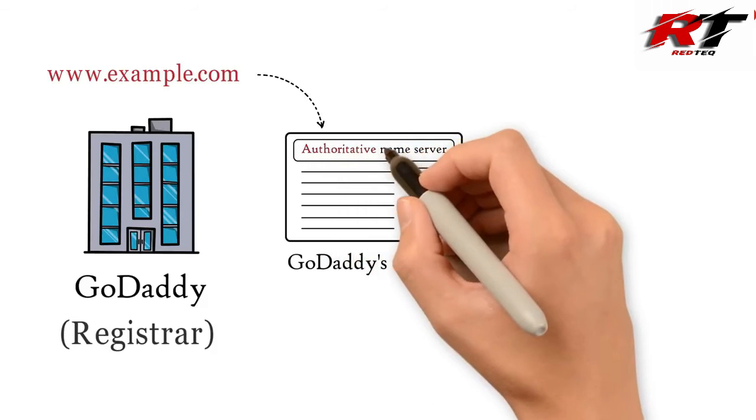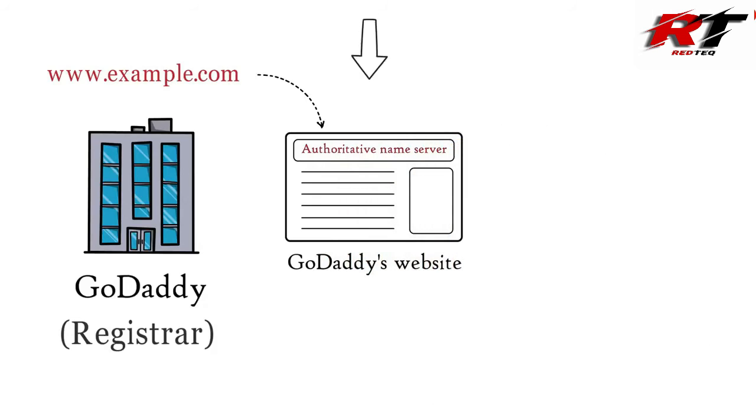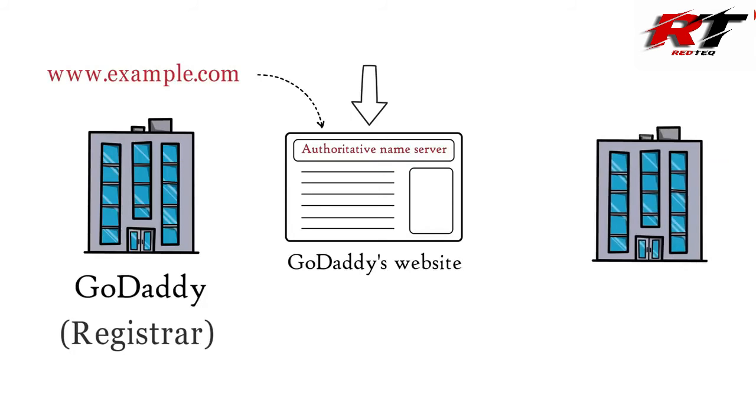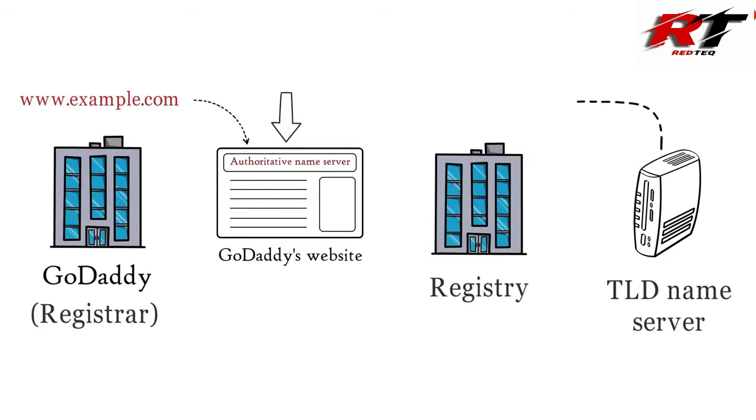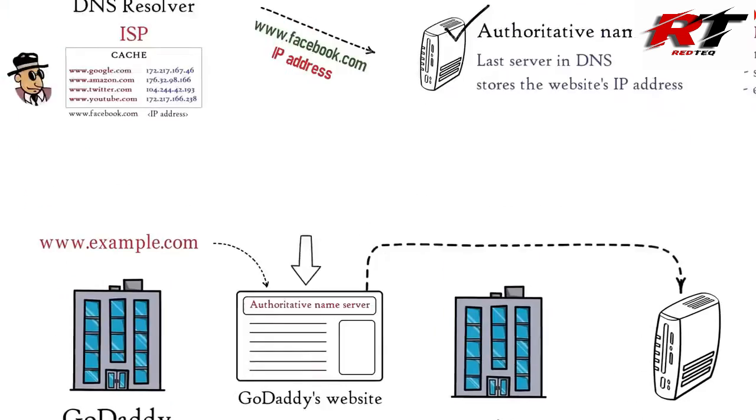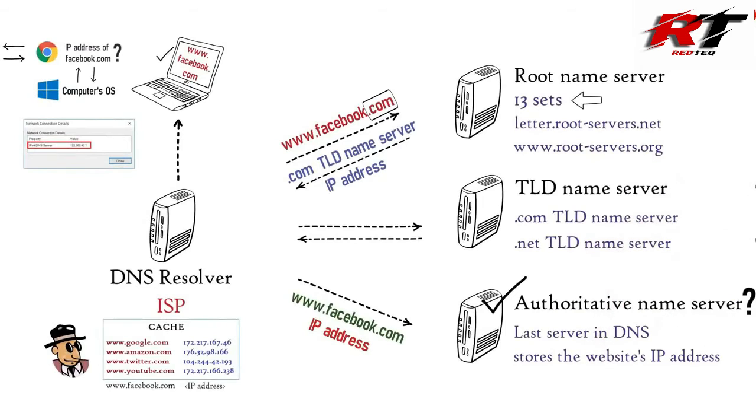Once the authoritative name server details are entered on the registrar's website, the registrar tells the registry managing the TLD name server to update it with the details of the authoritative name server the user has provided. So now the TLD name server knows which authoritative name server will provide the exact IP address of the requested website.